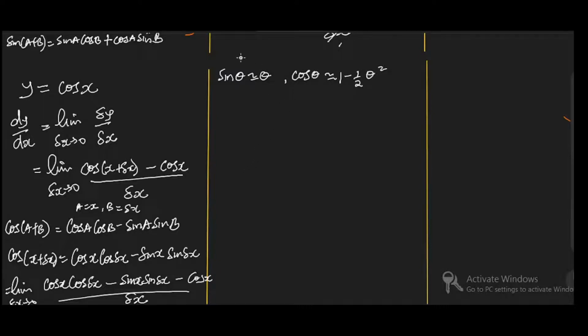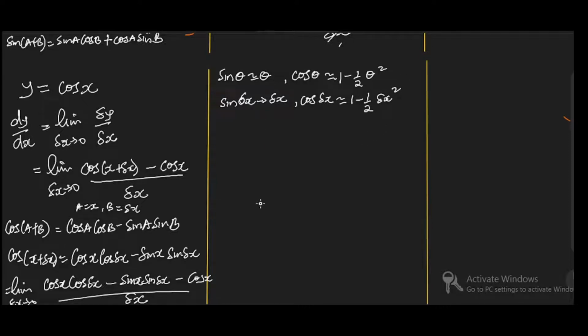But our theta here is being taken as the small change in x. So sine of the small change in x will tend towards the small change in x, and cos of the small change in x will tend towards 1 minus a half small change in x squared. That's what we have.